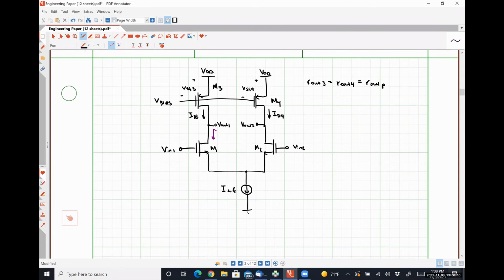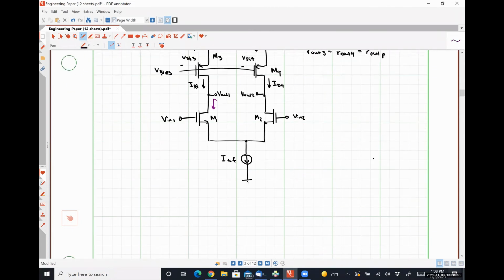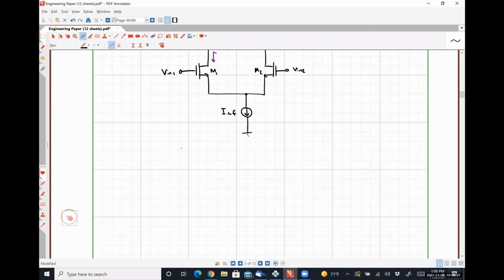So if we drew our small signal model for just the PMOS side of this guy, we would have our source up here. This would be GM, I'm going to call it GMP, VSG1. Here's our resistance R out P. This is the source of transistor 3.